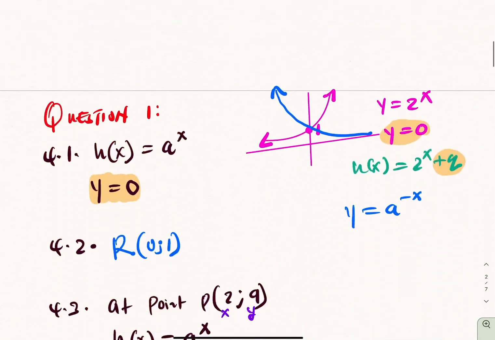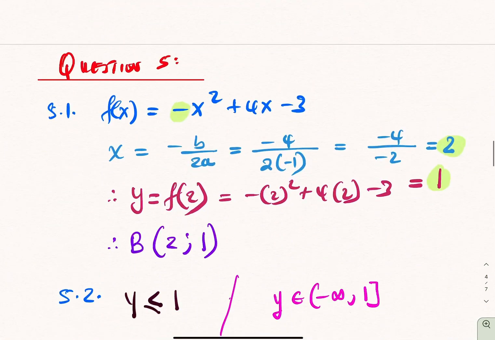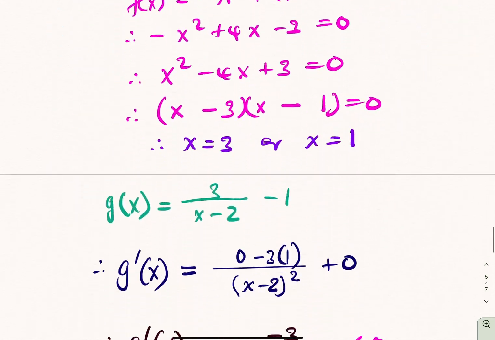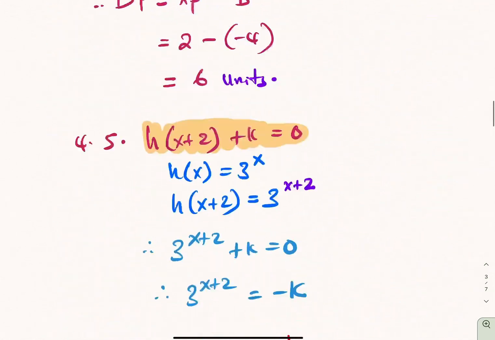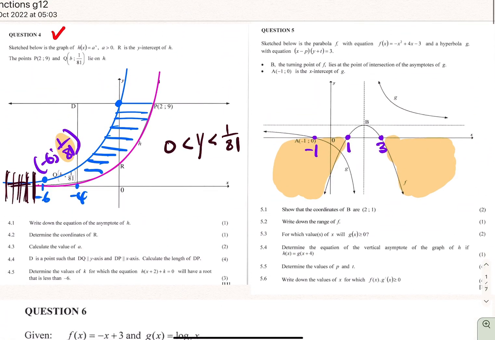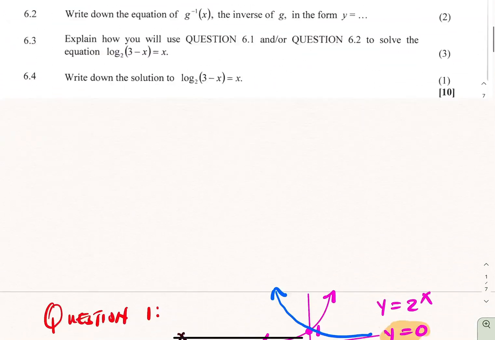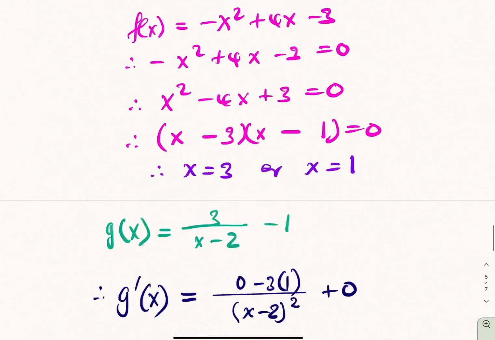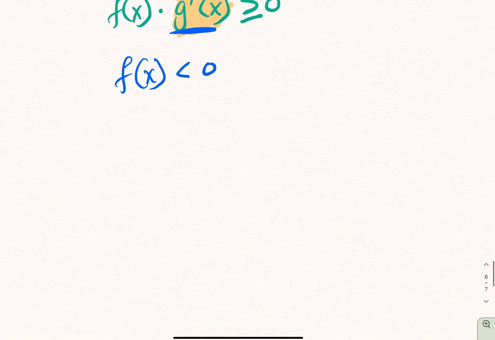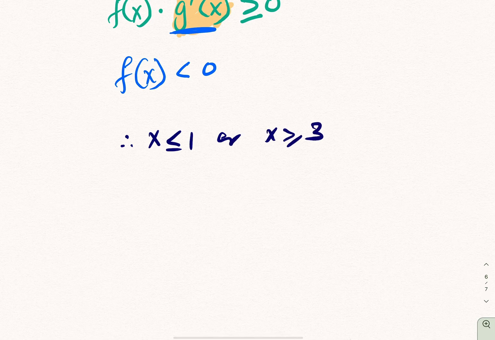So it means now you are going to say, let me check again, x is going to be less than or equal to 1, or x is going to be greater than or equal to 3. This is how you're going to attack this question. Therefore, x is less than or equal to 1, or x is greater than or equal to positive 3.